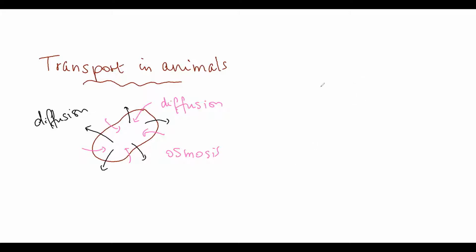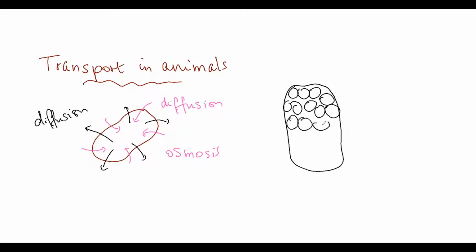What if I have an organism? Suppose this is the organism, and it is formed of so many cells, like this, and so on. What if they depended on diffusion and osmosis like the simple cell? Of course, this is multicellular, having a great number of cells.